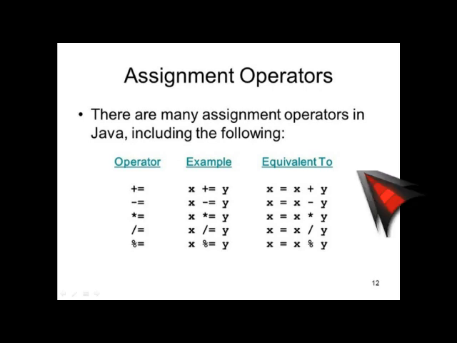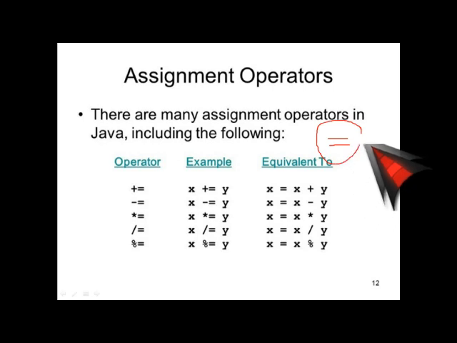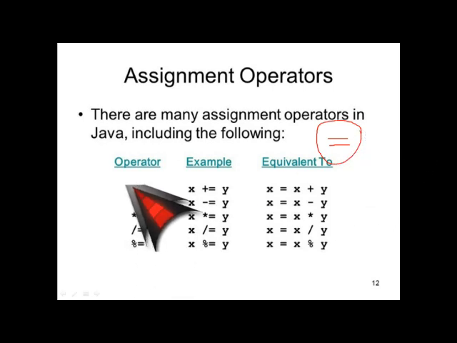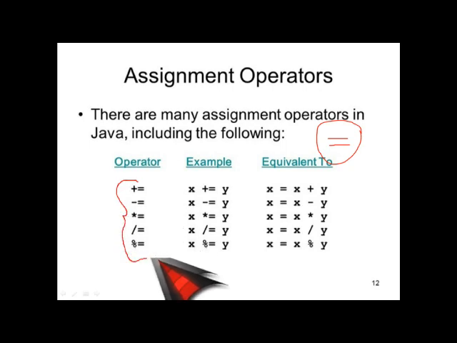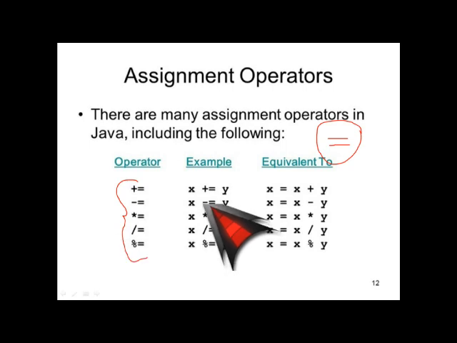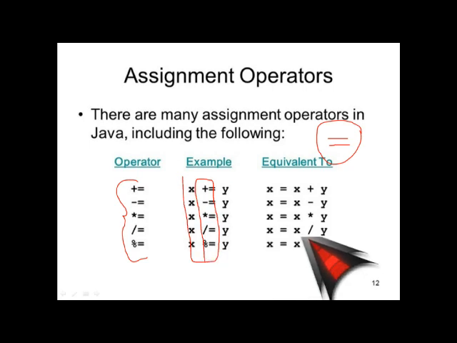Let's look at the assignment operator. Basically, the equal to sign is the assignment operator. Very important. But this equal to sign is also used with different arithmetic operators in this kind of format.